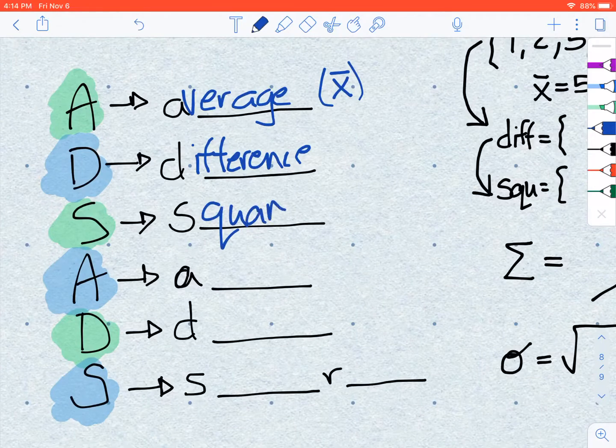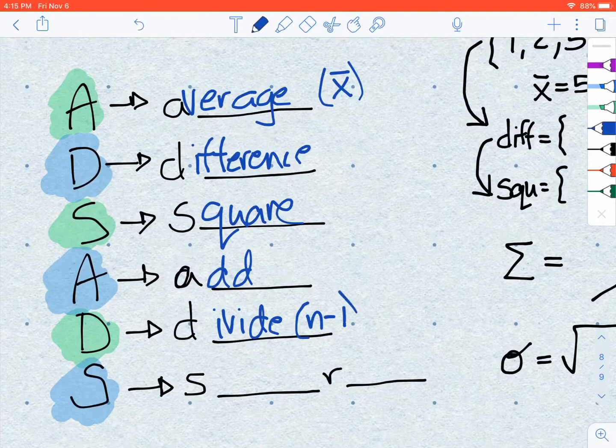Then we need to add those items up. Last 2 steps, we are going to divide. Specifically, we need to write down divide by n minus 1, n being the number of items. Okay? And finally, we need to take that square root.